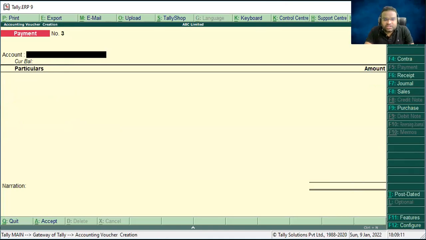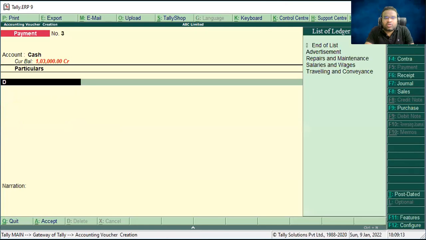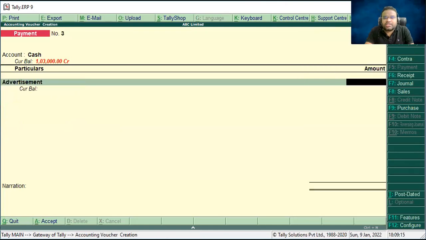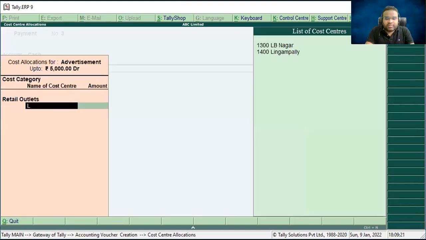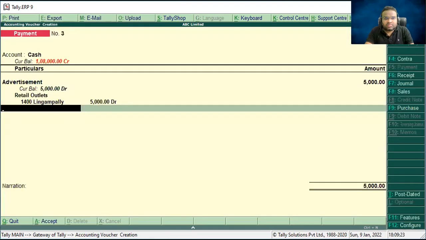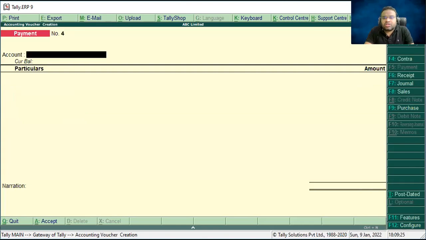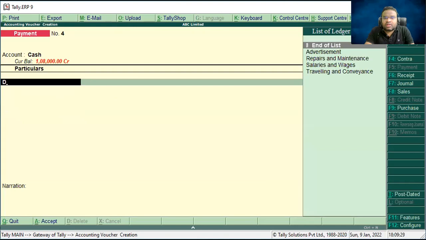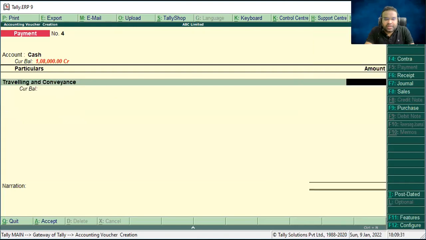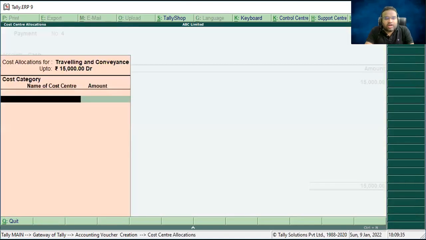Let us take another ledger. Let us assume advertisement cost. 5,000 rupees advertisement cost you have incurred specifically for the Lingampalli outlet. Now let us take another ledger, traveling and conveyance. I paid some 15,000. Now I'm bifurcating it.